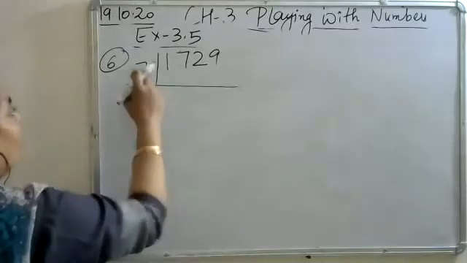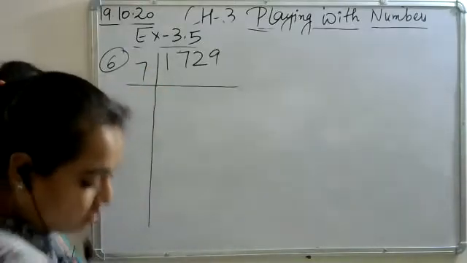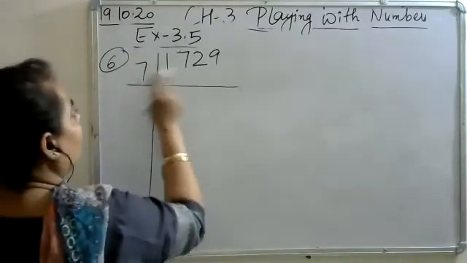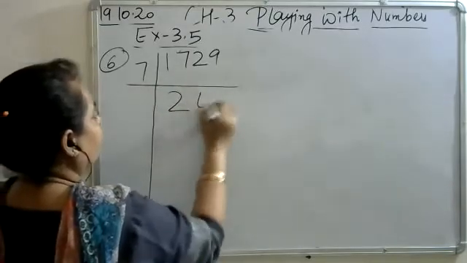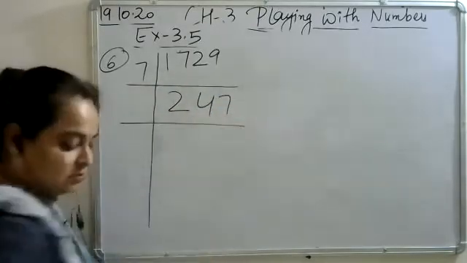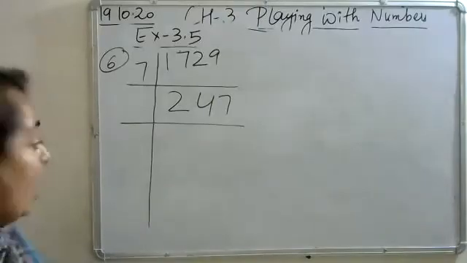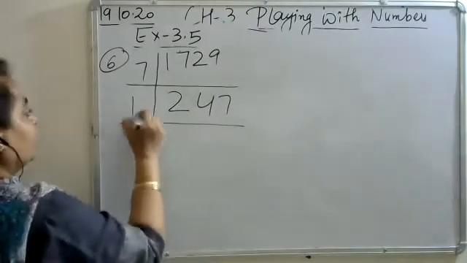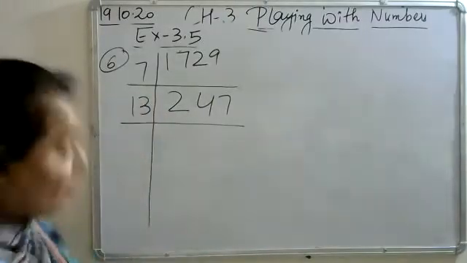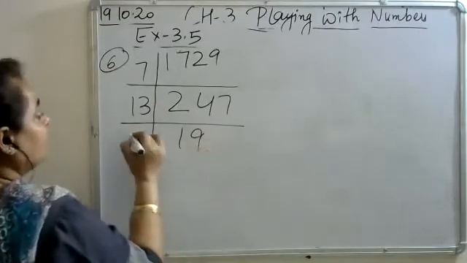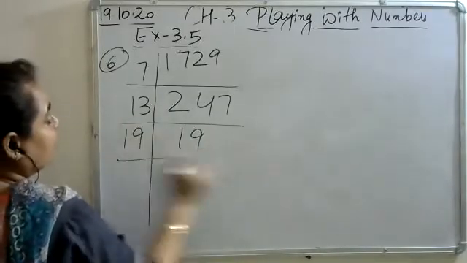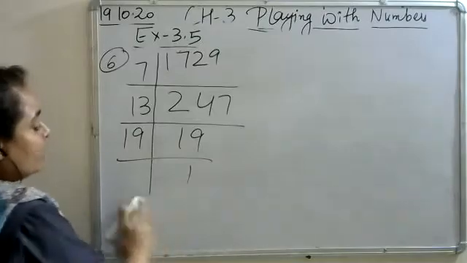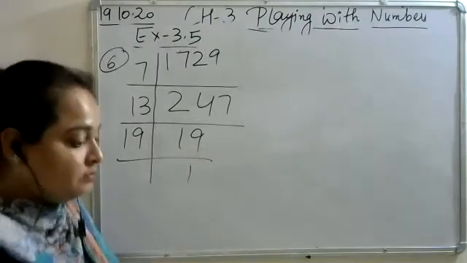So first of all, whenever you divide 1729 by 7, you will get 247. Then after that, divisible by 13, and you will get 19. In the end, 19 itself is a prime number.